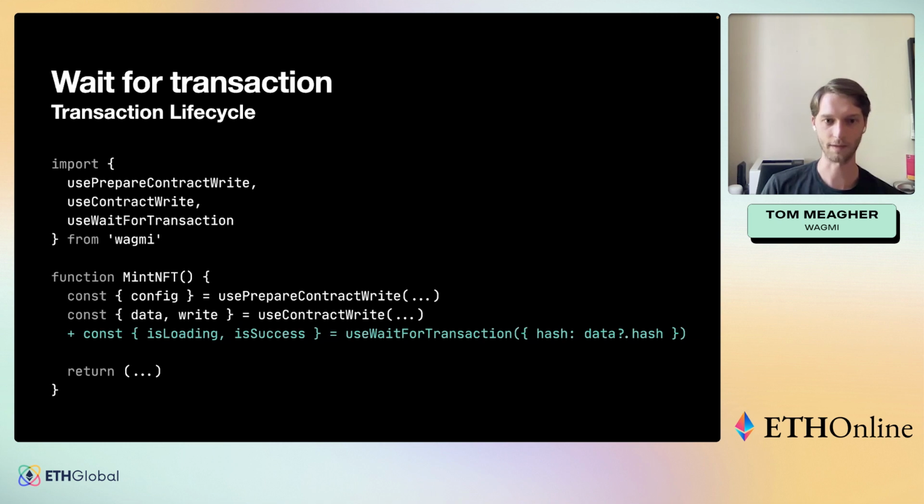So those are the steps you want to walk through. You want to prepare the transaction, send it to the network, and then optionally, but probably best practice from a UX perspective, make sure you're showing the status of the transaction, whether it's loading, succeeded, or failed.